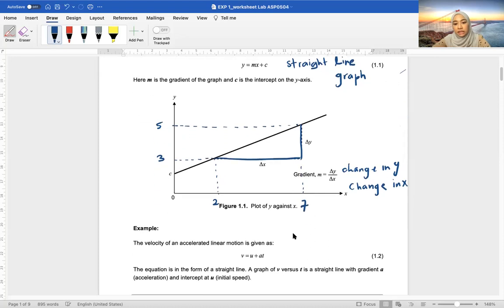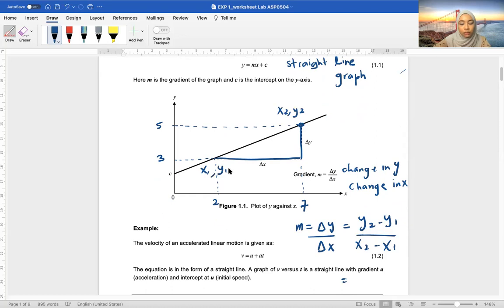So to calculate the gradient, M equals to the change in Y over the change in X. So in this case, the change in Y, it goes from the yang hujung, final Y2 minus Y1 over X2 minus X1. So what is Y2? Y2 is here, this is X2, and this is X1, this is Y1.